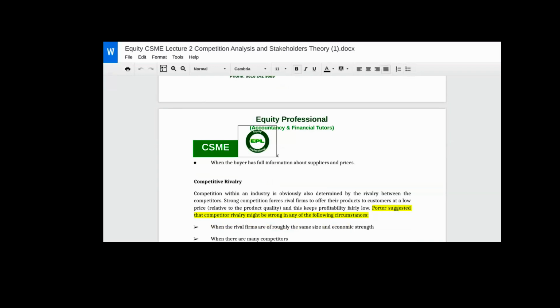Michael Porter said rivalry among major competitors is good. Let the competitors compete. But that notwithstanding, we must keep an eye on our new entrants. We must not make the industry too loose that anybody can just come into that industry and sell. There must be restrictions, barriers to entry.